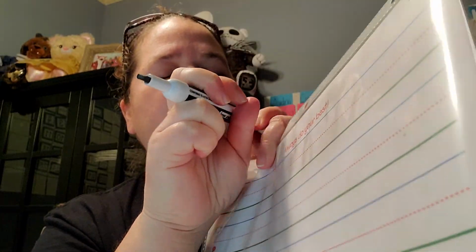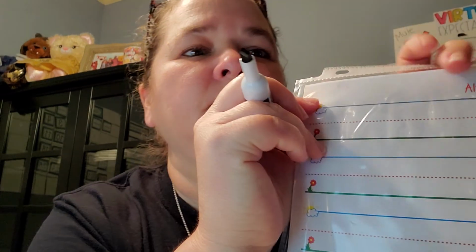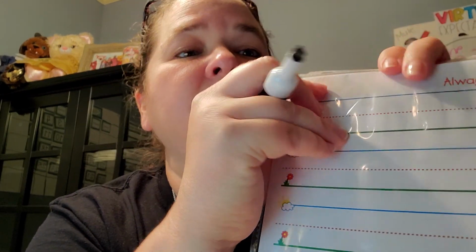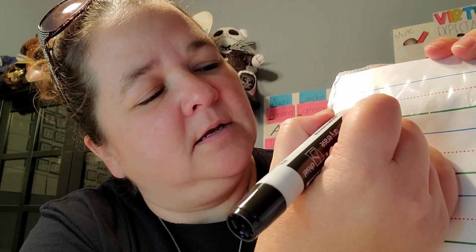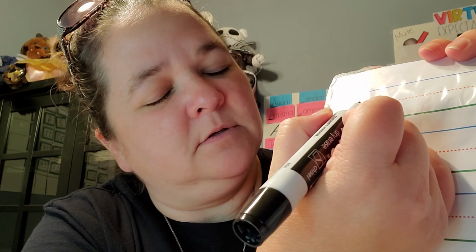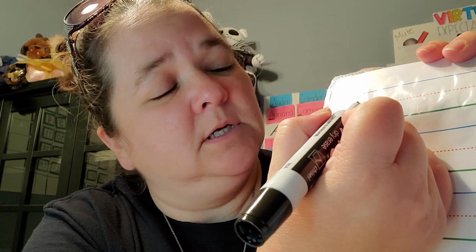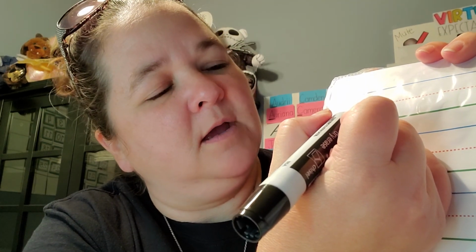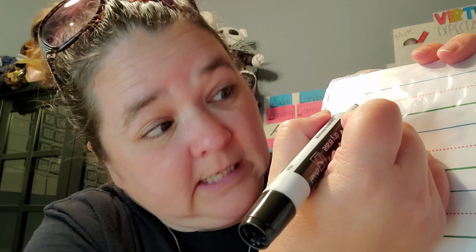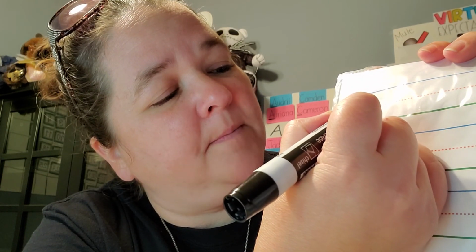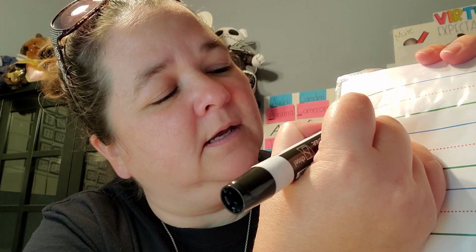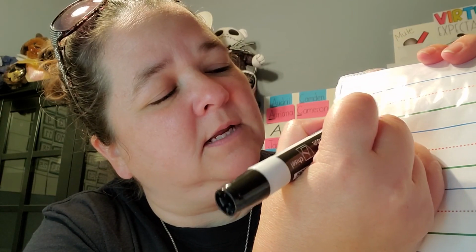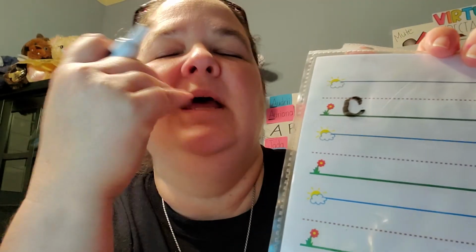When we make lowercase c, we're going to start right below the plane line, and we're going to come up and around, touch the plane line, go down to the grass line, and come back up just a little bit.